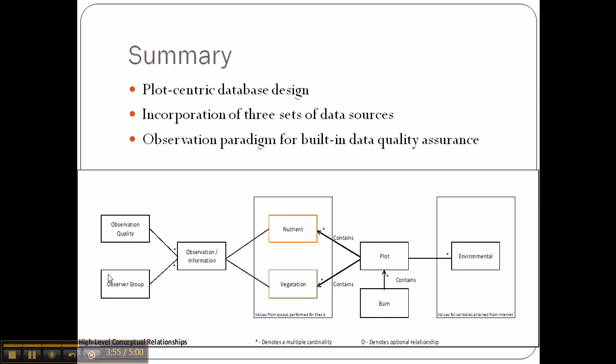In summary, my database design is really focused on two main features: the plot centricity of the database design, which allows for analysis between treatment plots, and the second feature, the observation or information segment, which helps me account for two things.